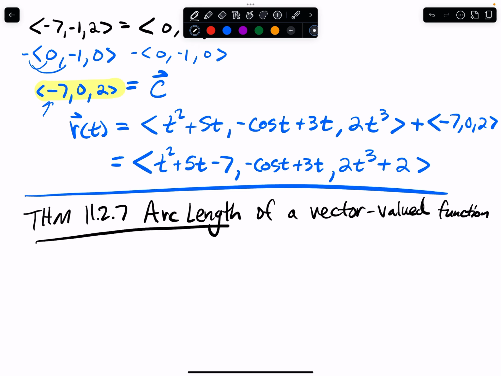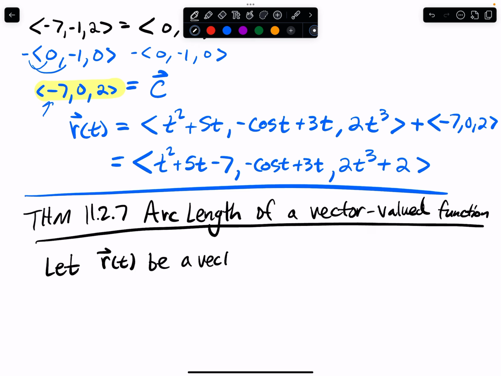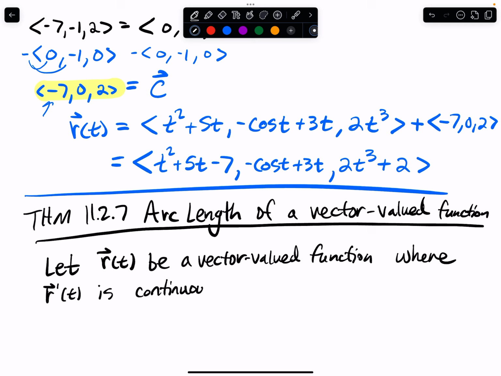Okay, the arc length of a vector valued function. Let R of t be a vector valued function where R prime of t is continuous on a to b.